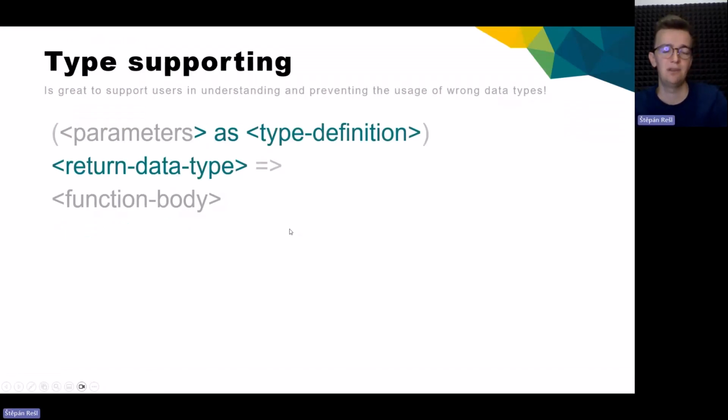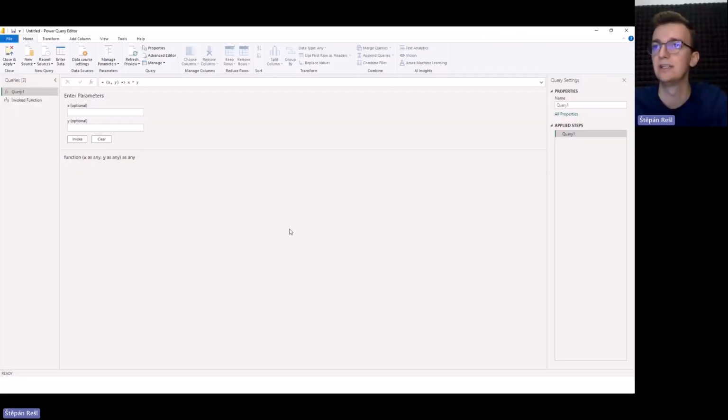If I would like to scope it a little bit and add usability, so the user can only use proper types while inserting something into my variables or my parameters, I can define the types of the function. So I will say this will be a number, and let's say that this will be text.